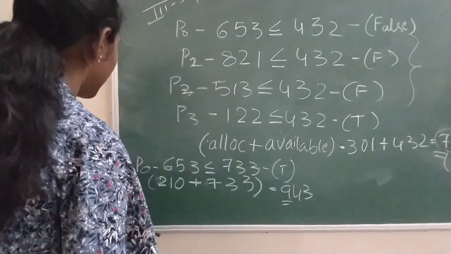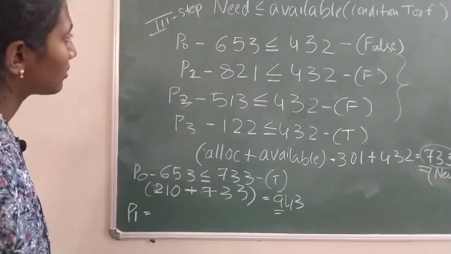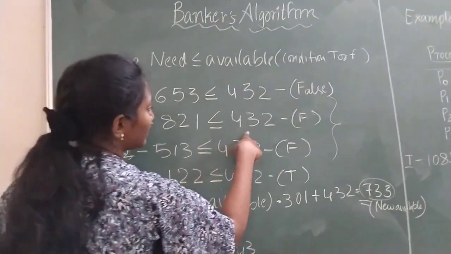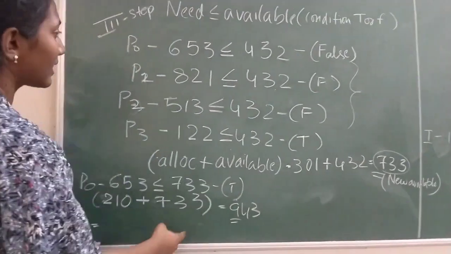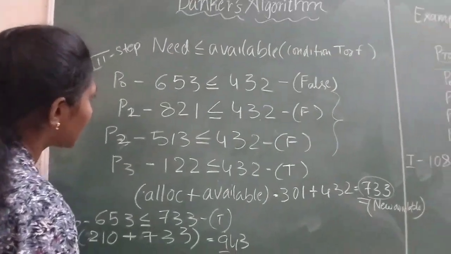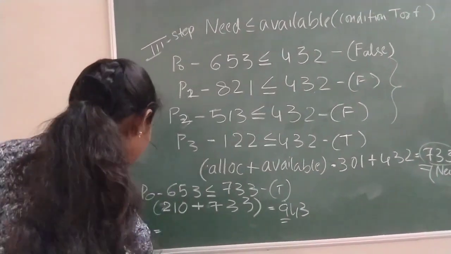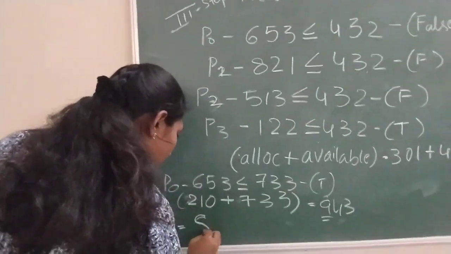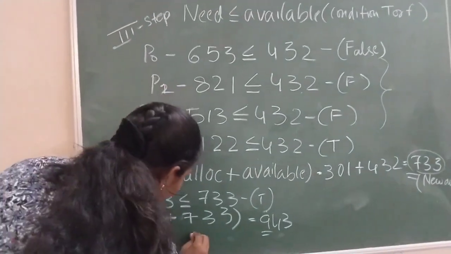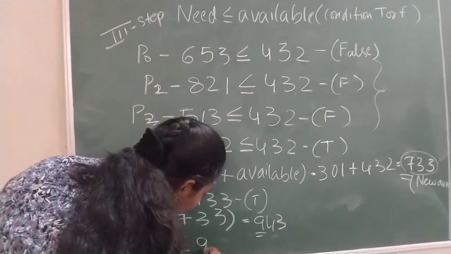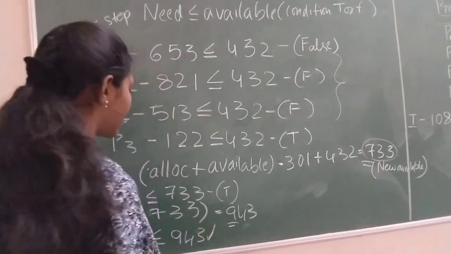So we compare it with process 1, where it was not satisfied with the previous available. So we are comparing again with P1. So 821 is lesser than 943, where it satisfies the condition.